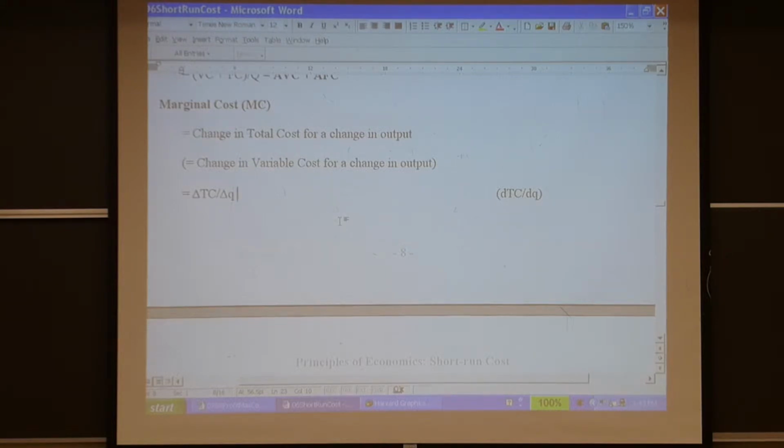Literally, margin. Now, by the way, why didn't you include in there any of the fixed costs? Why didn't you? Yeah, but it turns out because the fixed costs are fixed, they're not changing.